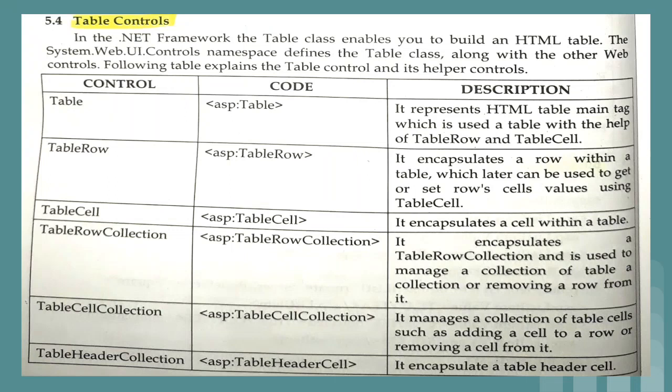Then like in normal HTML, whenever we want to create a row, we have tr as a tag to create a table row. Similarly, in ASP.NET, we have the table row tag. If you want to create columns in normal HTML, we make use of the td and th tags. So if you want to perform the same thing, we can make use of the table cell element to create the columns. So basically the main one is the table.